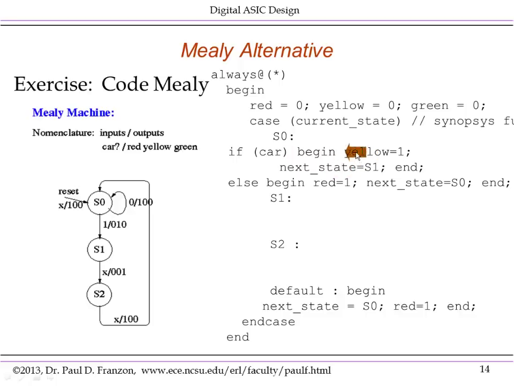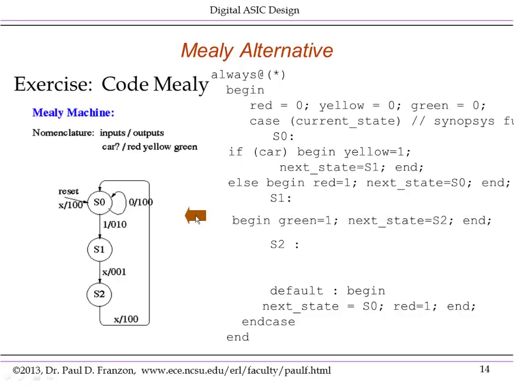We've bundled the yellow equals 1 in with the state transition. If car is high, we're on this state transition, yellow goes high straight away, and we're going to next state. So the difference is in a Mealy machine, we have to bundle in the outputs with the state transition logic. Notice here, else red equals 1, next state equals S0, that is this branch here.